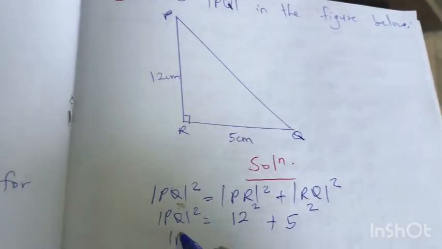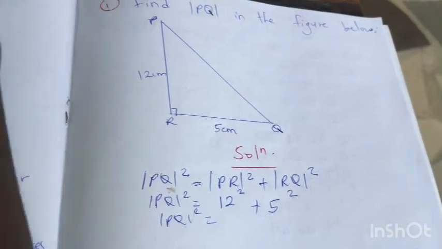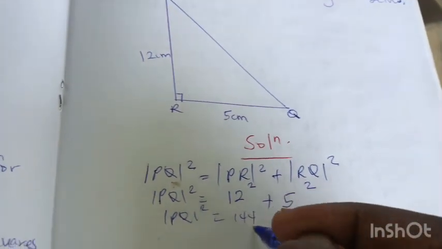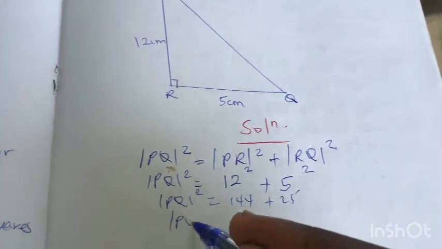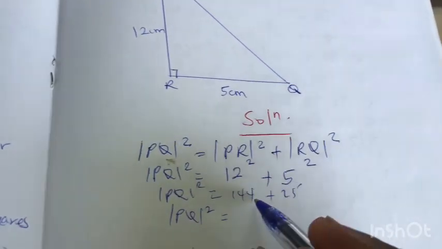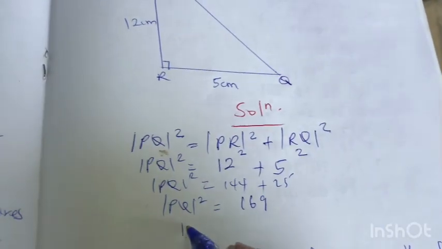So PQ squared is going to give me 12 squared, which is 144, plus 5 squared, which is 25. So PQ squared equals 144 plus 25, which gives 169.